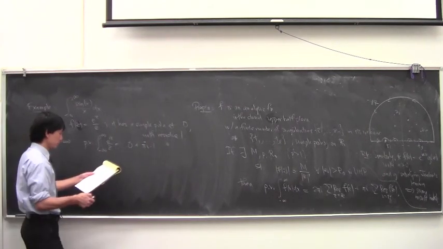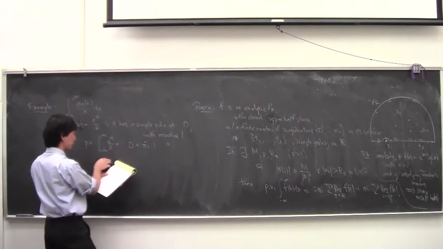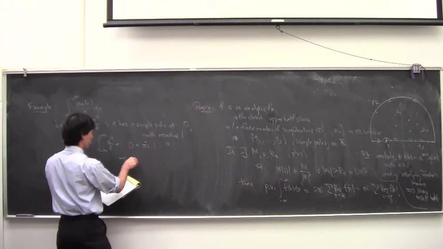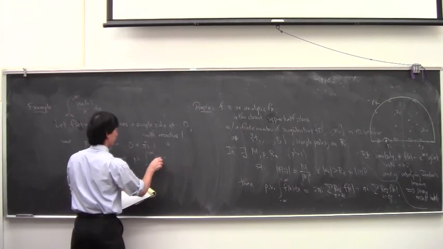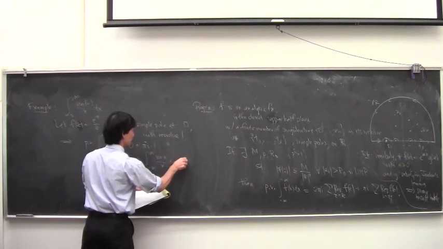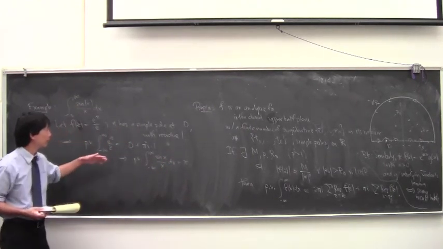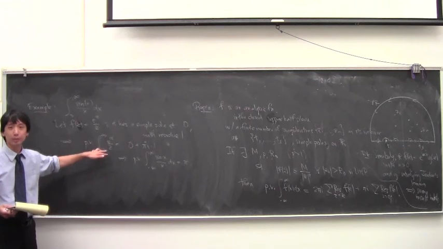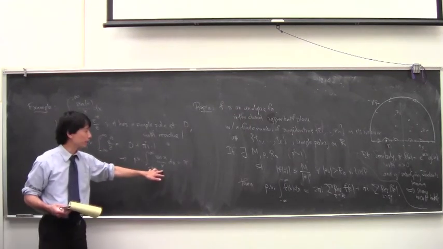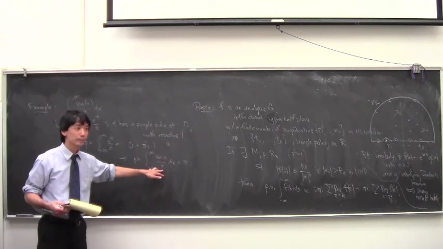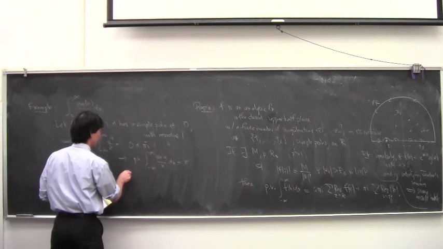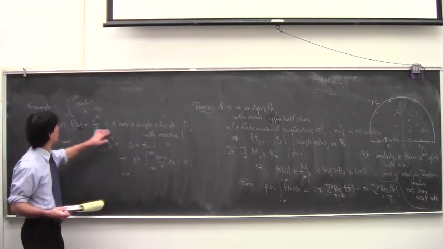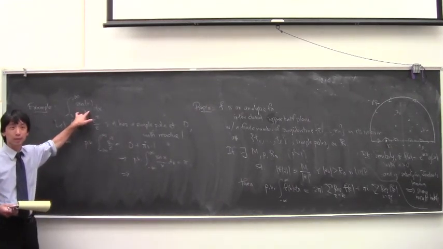Okay. So what does that tell you? That tells you that the principal value integral of sine x over x dx is just going to be pi. You take the imaginary parts of both sides, you get this. Right. And so, what does that say about this?